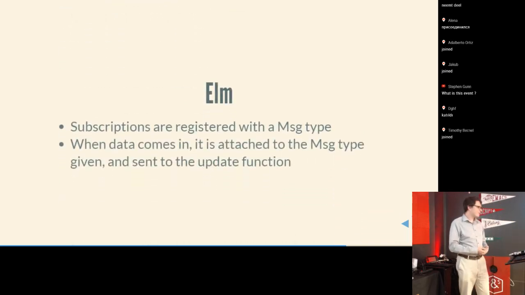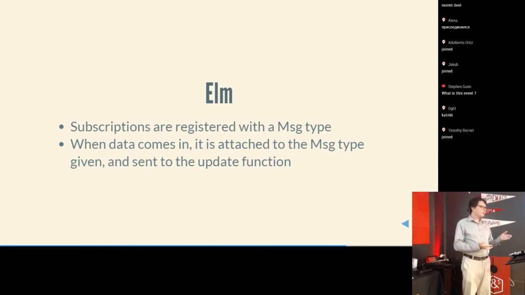In Elm, however, specifically not with the beginner program, but with the HTML.program, we have subscriptions. And each subscription is registered with a message type. When data comes in through that subscription, it's attached to the message type given and then sent straight to the update function.